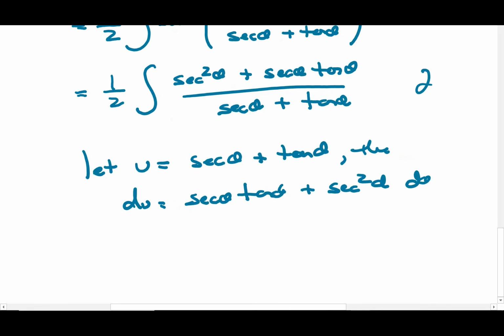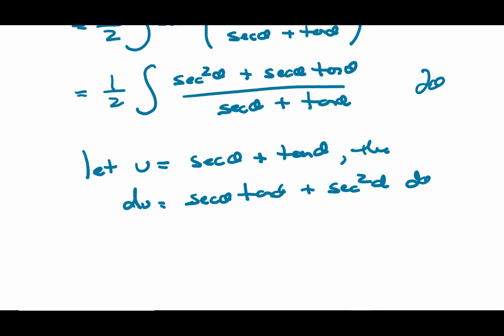So of course we have d theta out here. Now, because I took this derivative of secant, and also we have the derivative of tan. So basically what we had before, the derivative of tan is secant squared theta, and then the derivative of secant is secant theta tan theta.